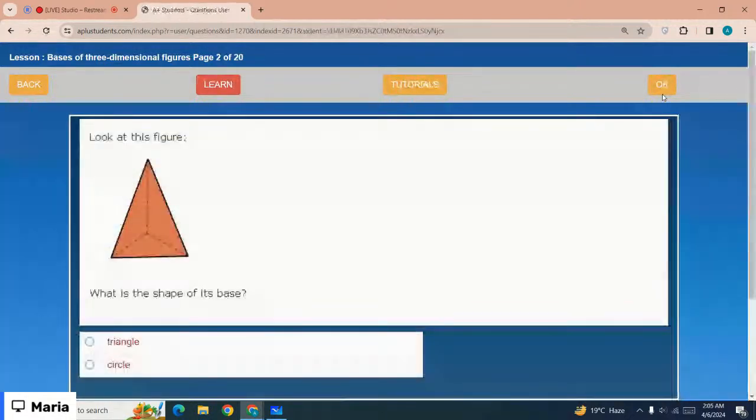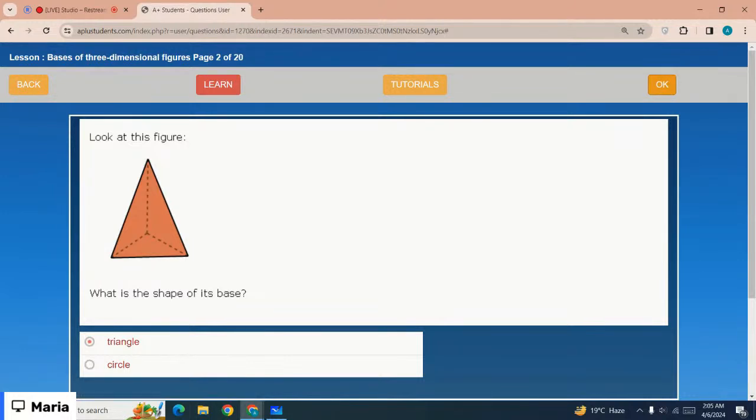Look at this figure. What is the shape of its base? So, which is the correct option? Yes, very good. The base is a triangle, right?